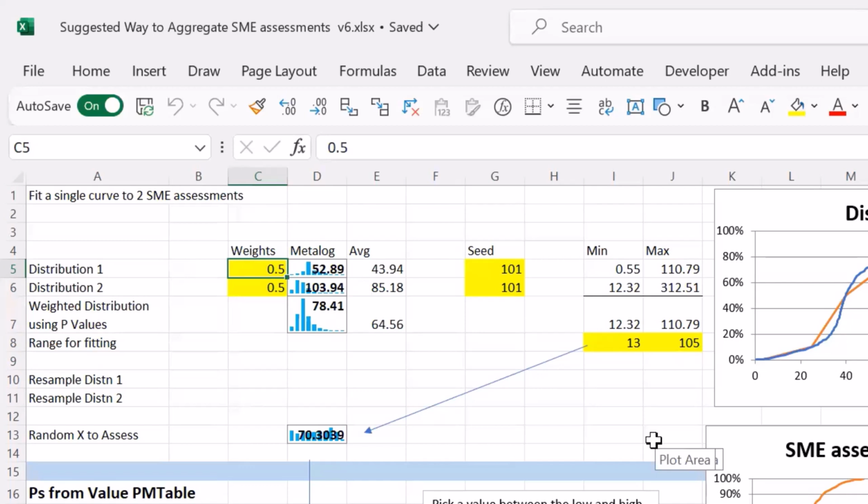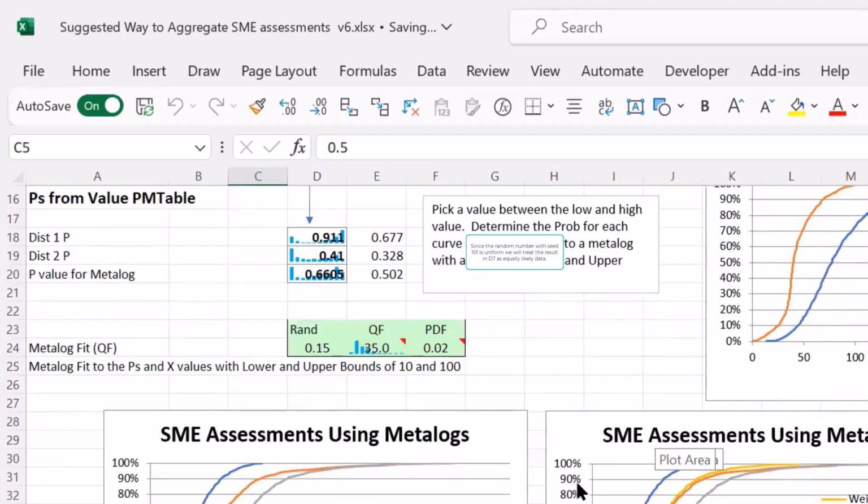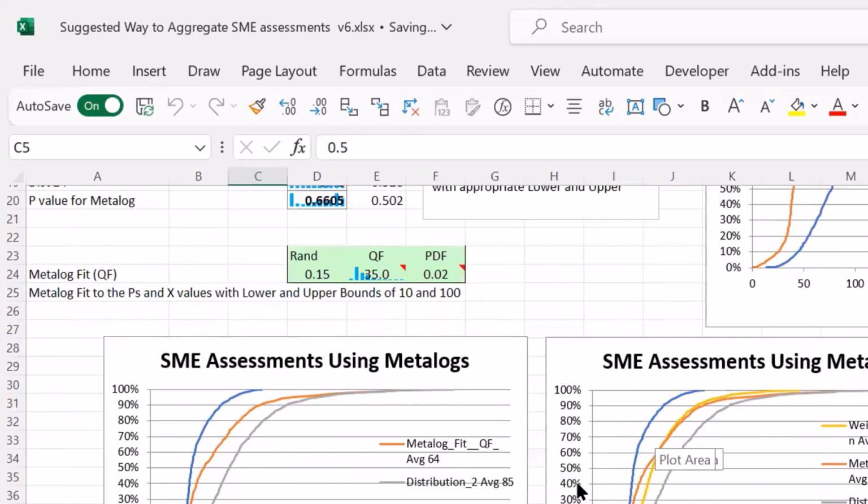So from that, I can plot this value and the percentile. How did I do that? Well, I did do it, and it's shown down here.